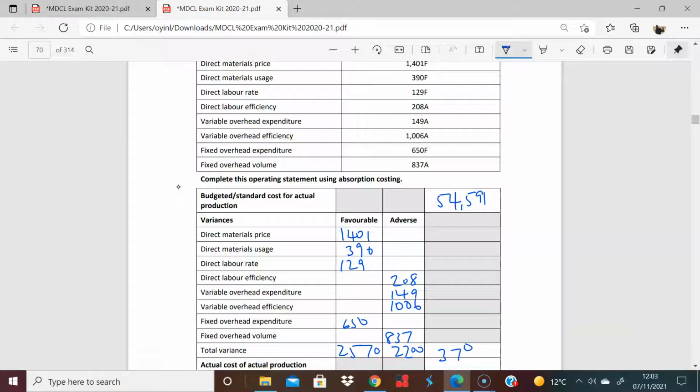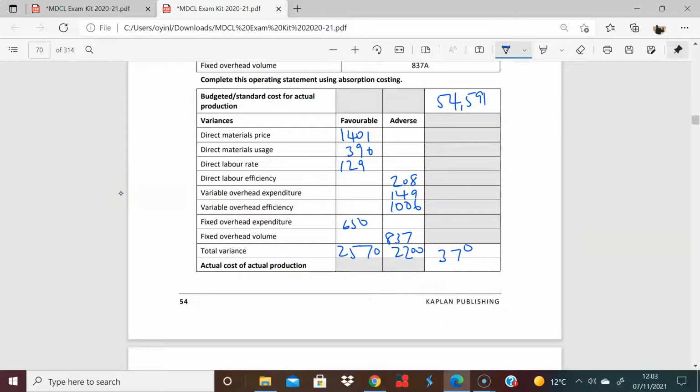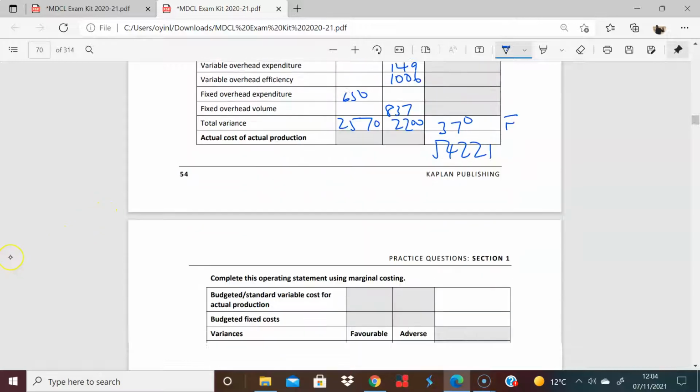A favorable variance means that we actually used less than what we thought we were going to use. That's the whole point of the idea of favorable. We had planned to use 54,591, but we actually used less, so you take that off, and what actually happened was 54,221. That's the actual cost of production, 370 less than what we planned.